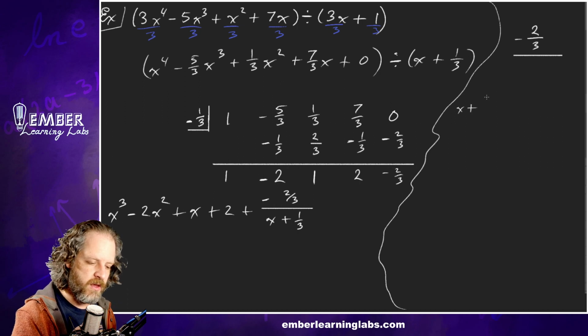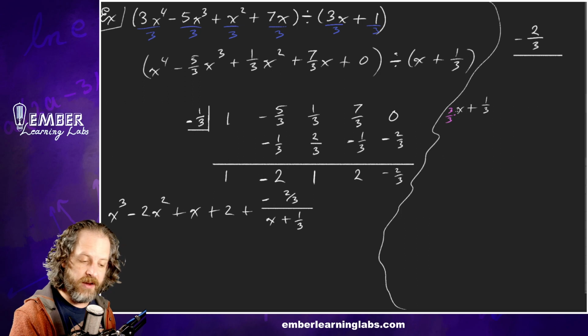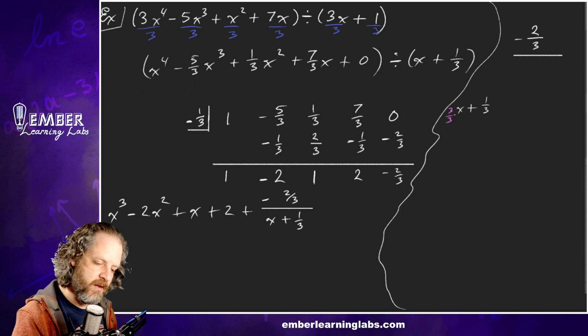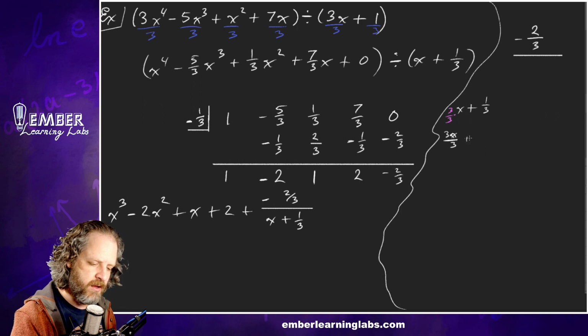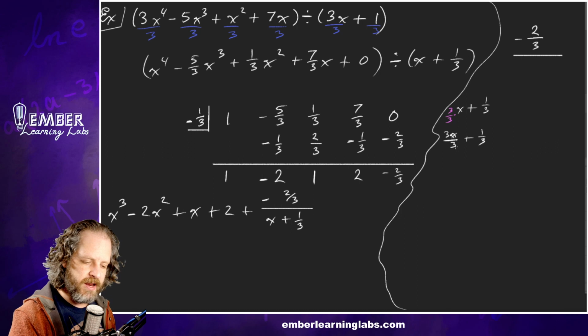If I wanted x to be over 3, I could multiply it times 3 over 3, right? Because that's 1. So that could turn into 3x over 3 plus 1/3. Now that we've got a common denominator, we just add the numerators.